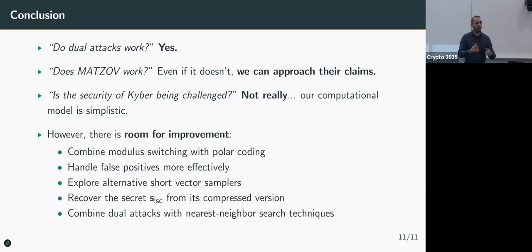And for polar codes, we use the actual length for Kyber, so we don't use a smaller parameter. So that works perfectly. And we also prove our analysis by a simulation on small parameters that tends to show that our analysis is correct.